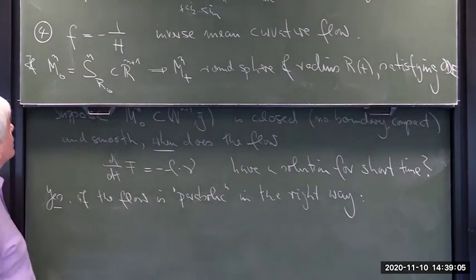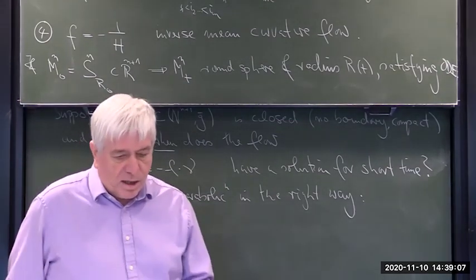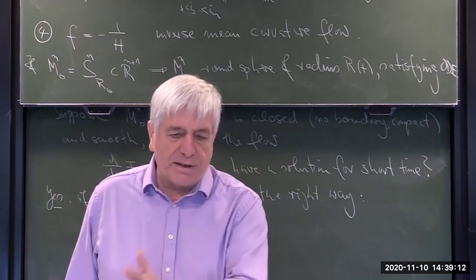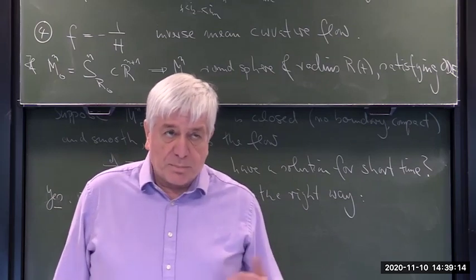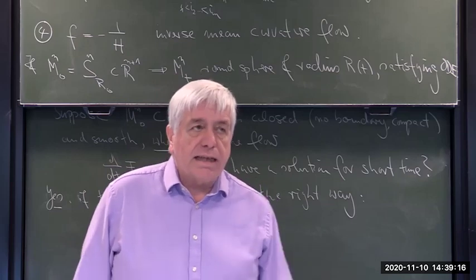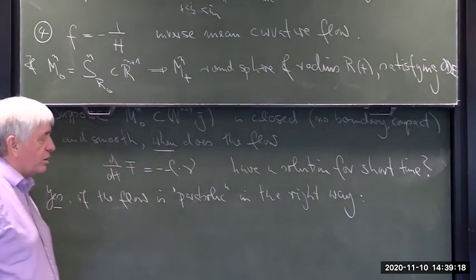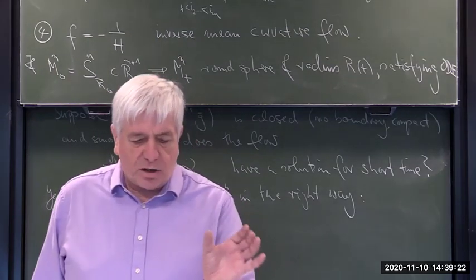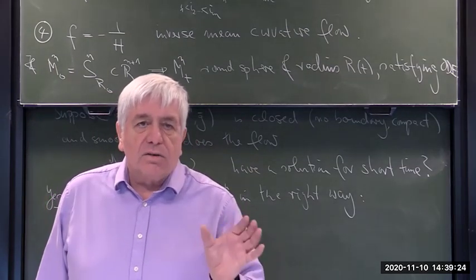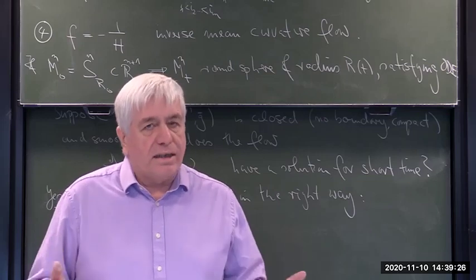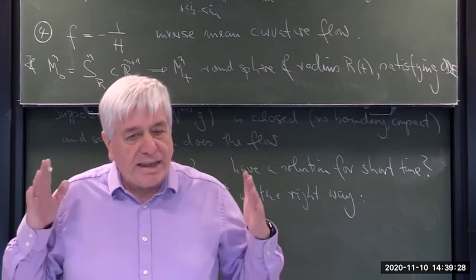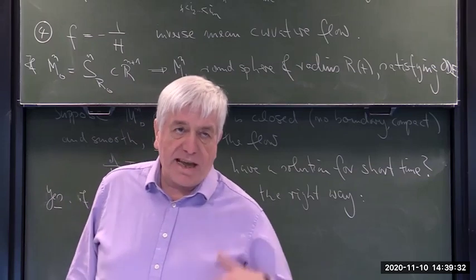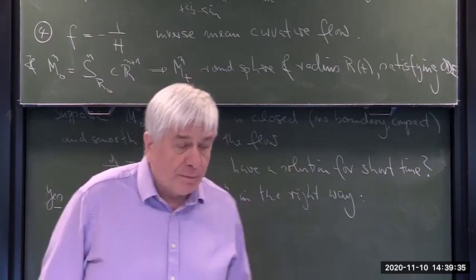Clearly, because the second fundamental form comes from the derivative of the normal, and the normal is something like first derivatives of the position. The second fundamental form is a second order operator depending on the metric. And we want that second order operator on the right hand side to somehow be a Laplace equation, a heat equation, or more general, an elliptic operator acting on the position vector f.